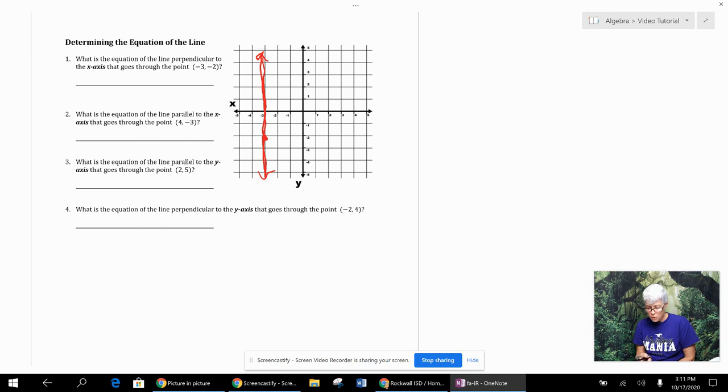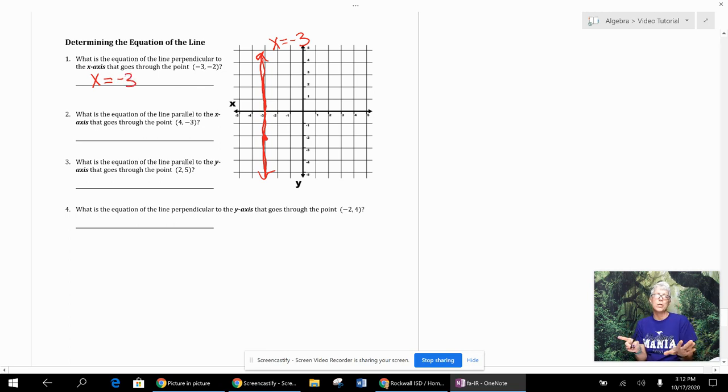Well, it crosses over x equals -3. So I'm going to go ahead and say that the equation of the line here is x equals -3. Now it says, what is the equation of the line? So the answer to that is x equals -3.